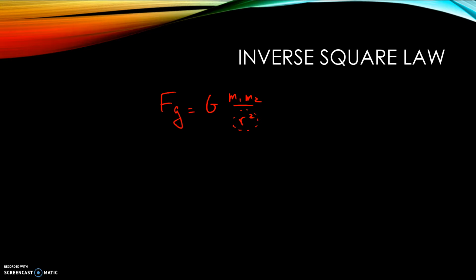And the conceptual point I want to make is that if I have two objects, say some distance r apart, we'll just say that this has some gravitational attraction Fg.